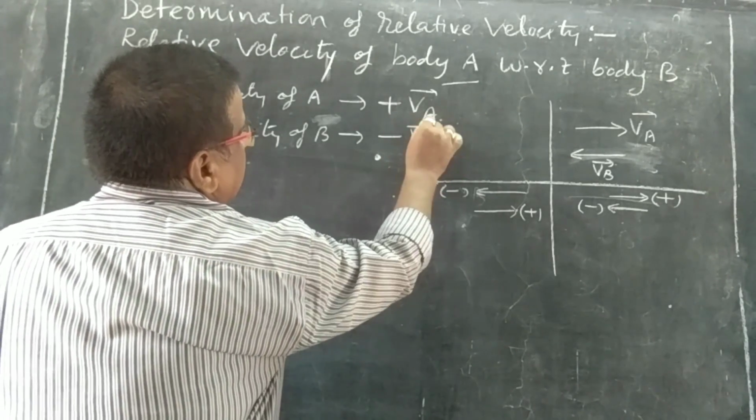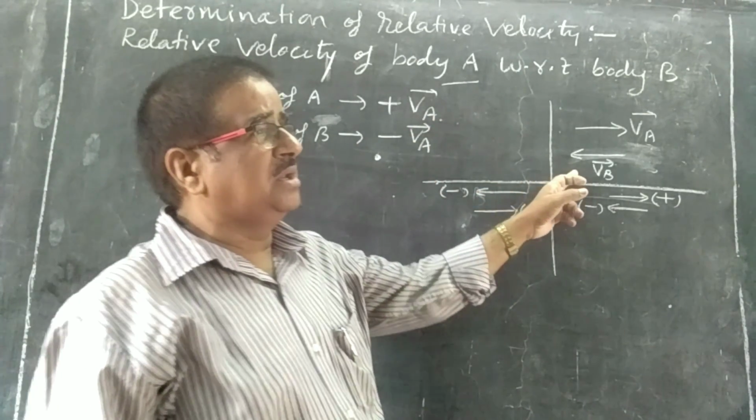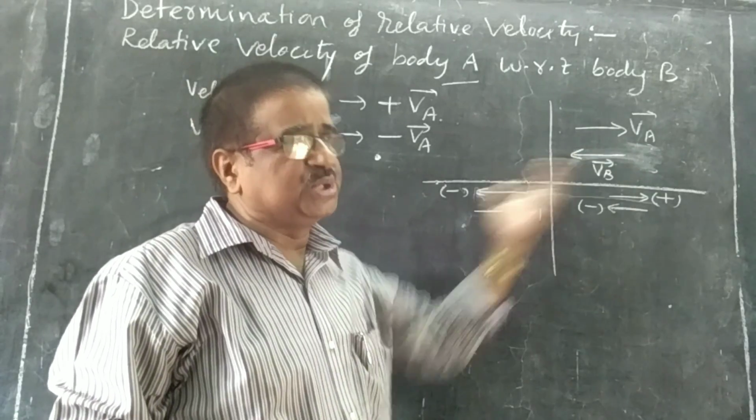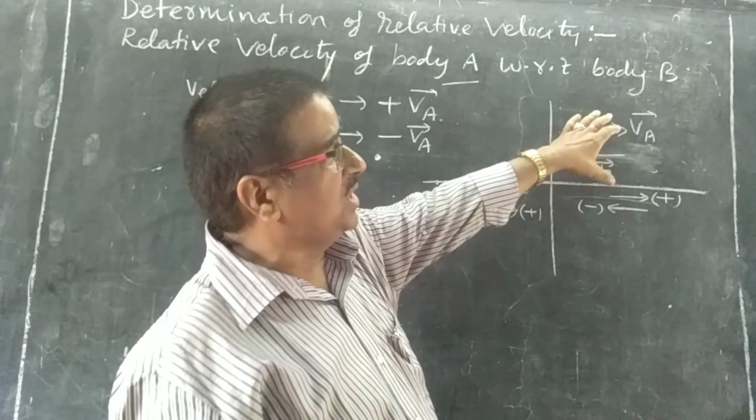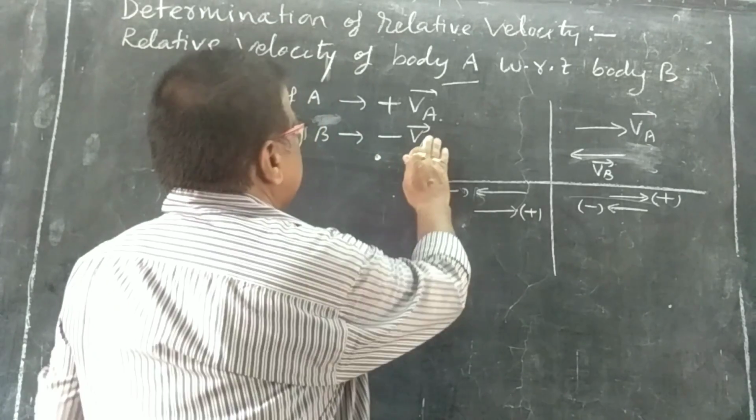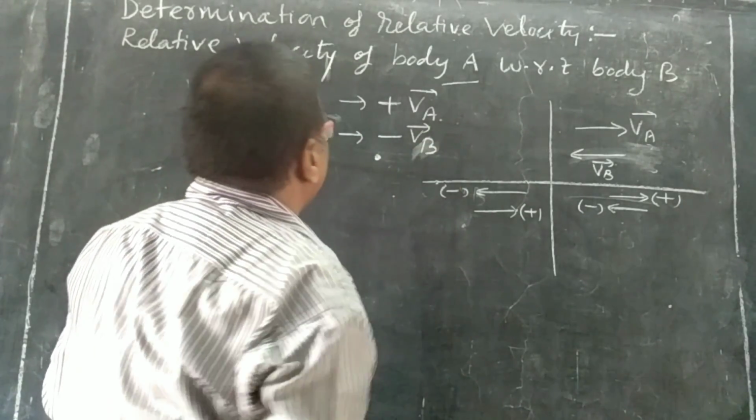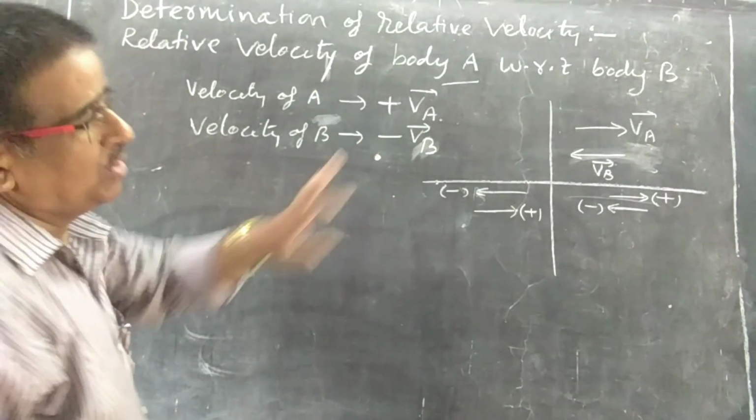It is given. Now according to this situation, both the bodies are moving opposite to each other. So here velocity of body B is negative of this.